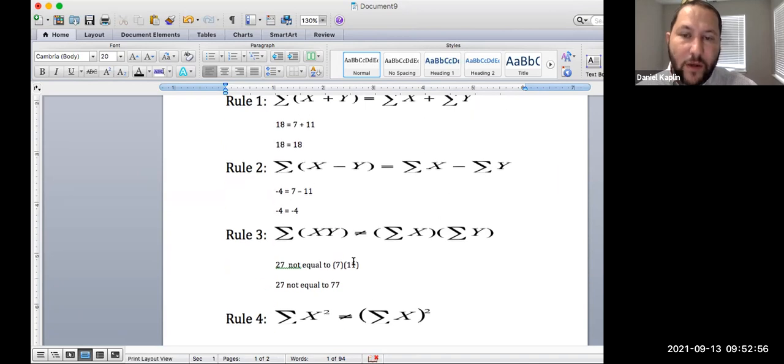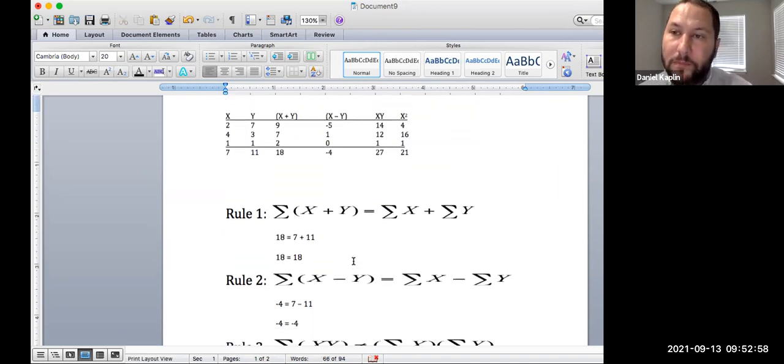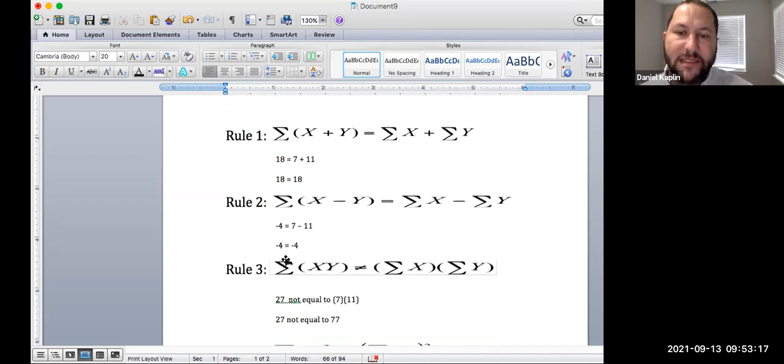All right. So again, let's go back up. Before I move to the next piece, I want to make sure that the rules are indeed clear, right? So rule 1 says the sum of the x plus y column, which was 18, is equal to the sum of x column plus y, 7 plus 11. So that balanced.